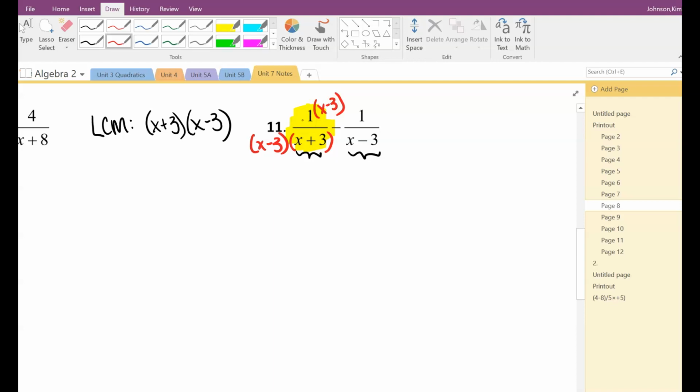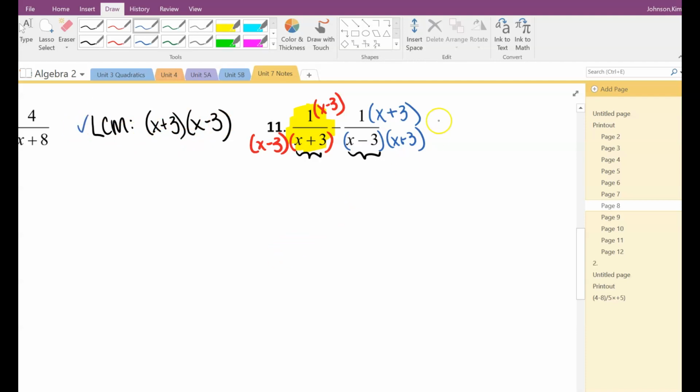I do that because I like to distribute from the front, not from the back. Okay, and then I am minusing, now this denominator needs a factor of x plus 3. So I'm minusing 1 times x plus 3. Okay, so I made that least common multiple. Okay, cool. So I made a common denominator.